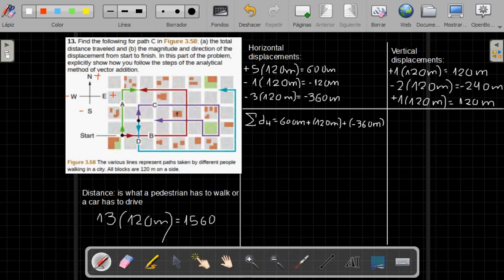And if we calculate all of that, it's going to be simply 120 meters. There it is.